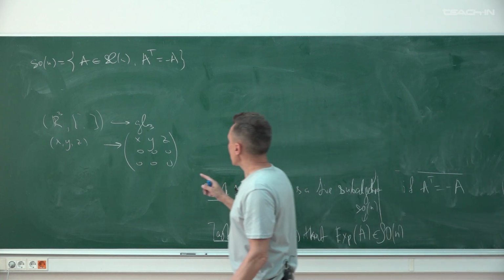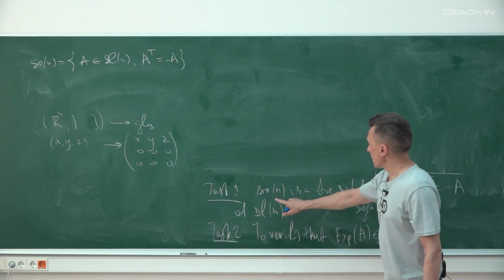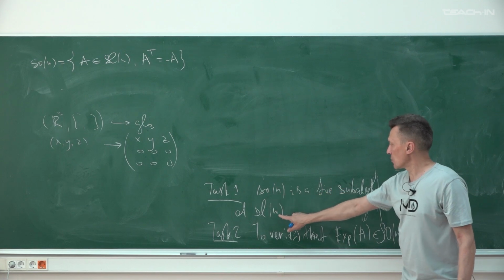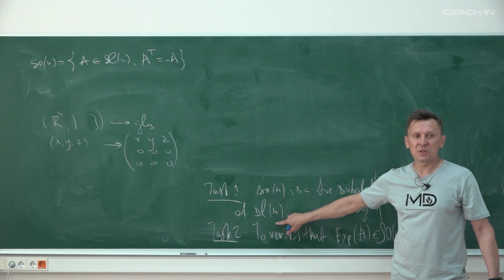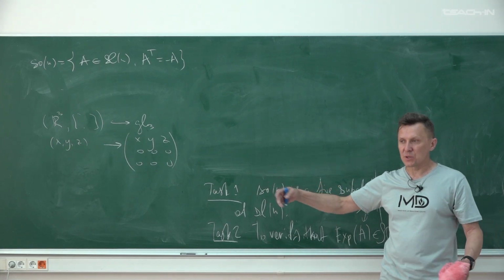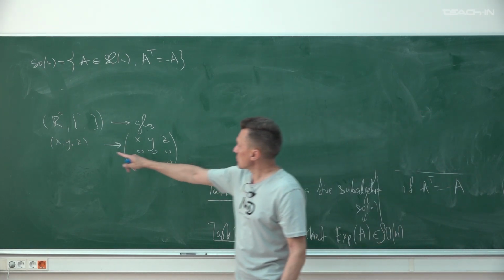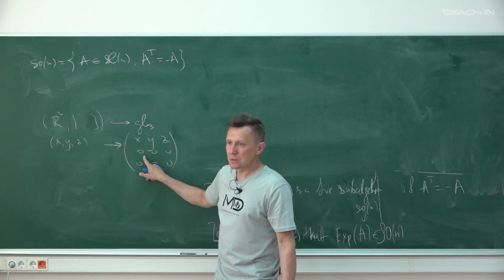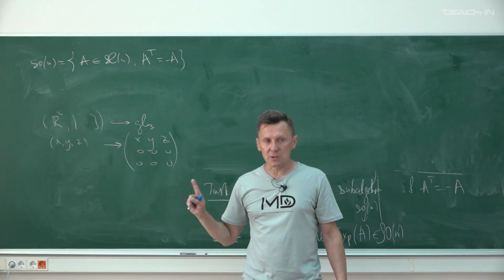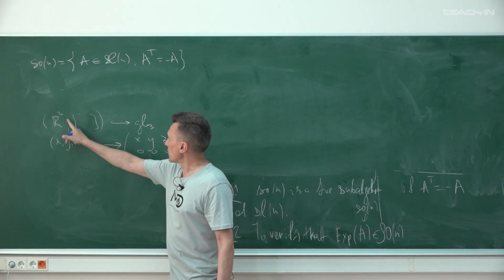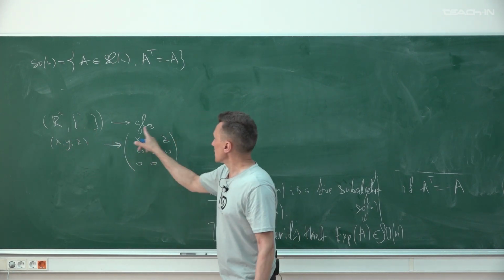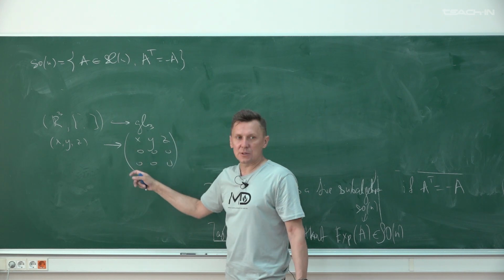It means that it is a Lie algebra with respect to the commutator, with the same algebraic structure. So if you consider this embedding, it is obviously an embedding of linear spaces, but the commutator here doesn't correspond to the commutator of matrices of this type.